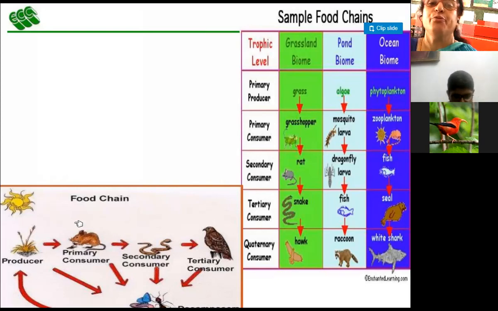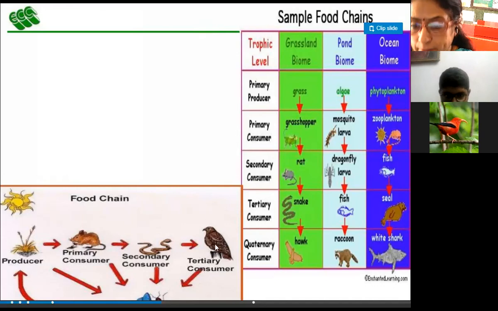Whichever organism feeds on the tertiary consumer, will the energy be enough to sustain life after the tertiary consumer?